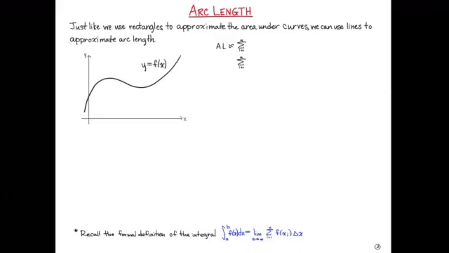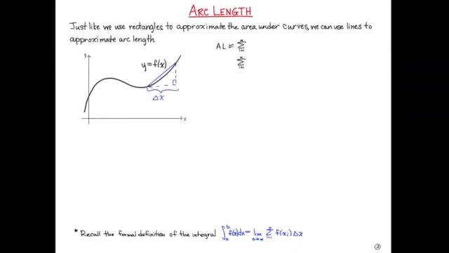So we can start by just looking at a segment on this curve. So let's say we just have this one little piece, and we want to find that length. Okay, so to find that length, using our Pythagorean identity, we make this into a right triangle. And so we know along our horizontal leg, this is going to be our change in x.